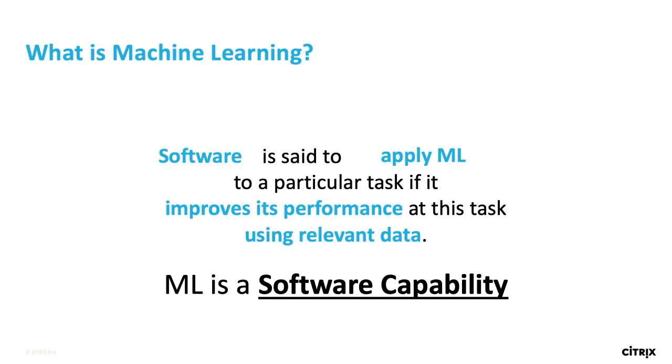And that's really it. So hopefully at this point you're thinking, well, that's pretty simple, but also that it's pretty powerful. And the other thing I've done here is take ML away from a particular set of techniques and tools and turn it into something that's a software capability. So ML is what you have when you have software that's capable of getting better at doing what it's supposed to do with data. And that's it.